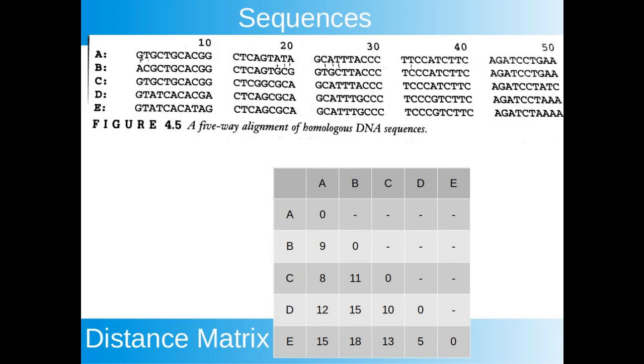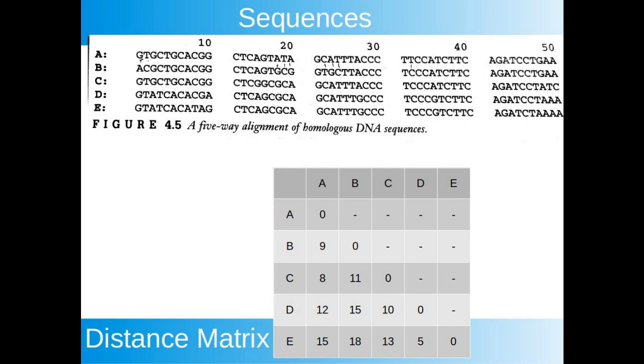Here, a five-way alignment of homologous DNA sequences is given. The corresponding pairwise distance matrix that summarizes the number of non-matching nucleotides between all possible pairs of sequences is shown through the distance matrix here.